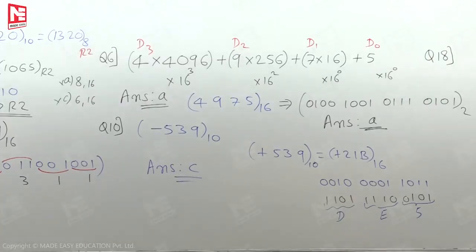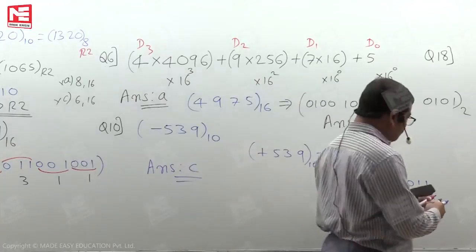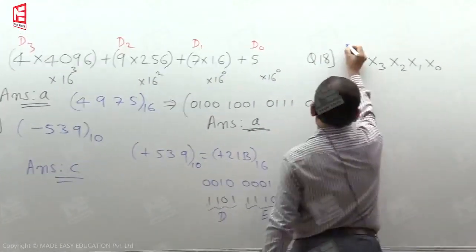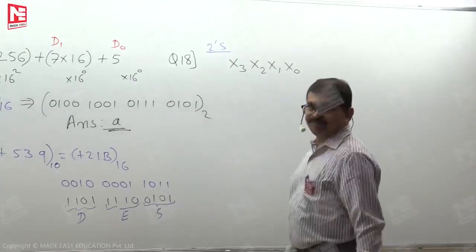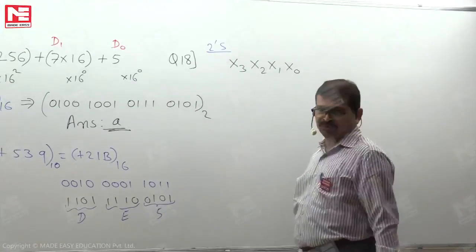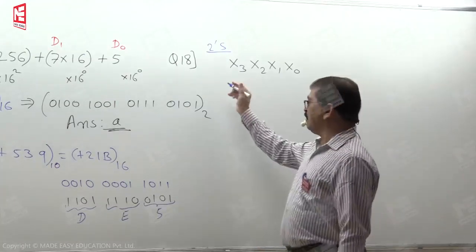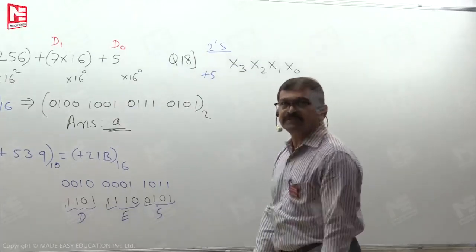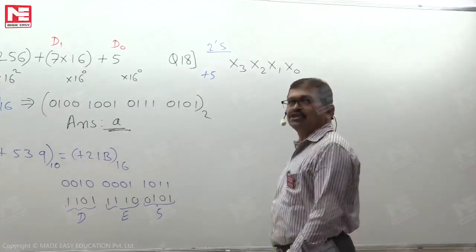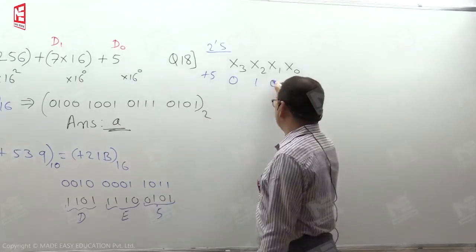So let us work with a little more detail. When this number is in the 2's complement form, the number may be positive or the number may be negative. Suppose the number is positive, consider it is plus 5. Its representation in the 2's complement form is 0, 1, 0, 1.